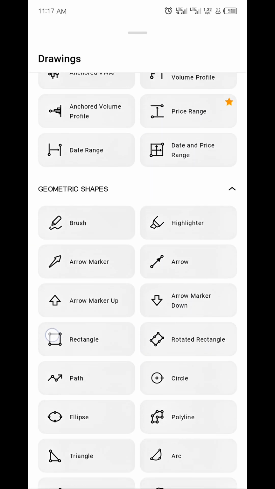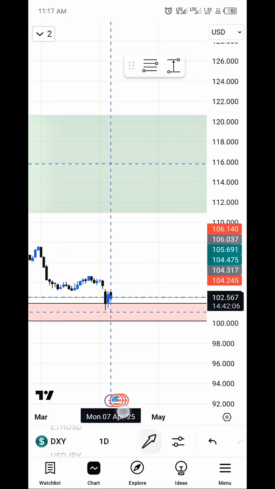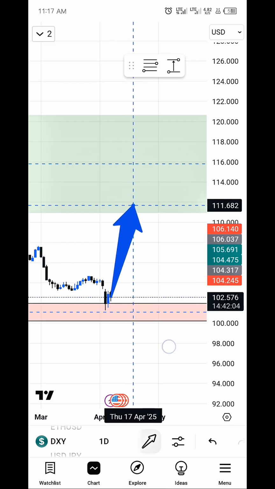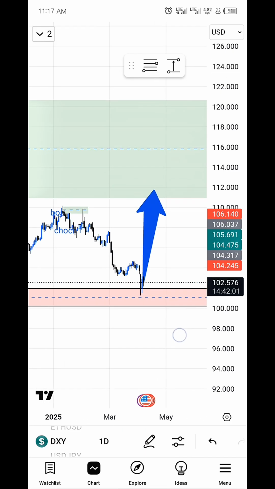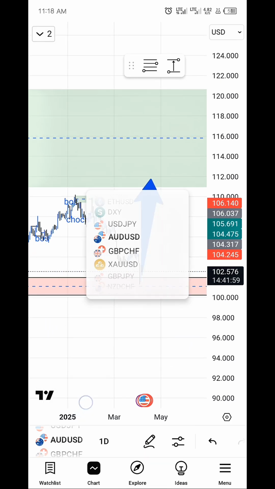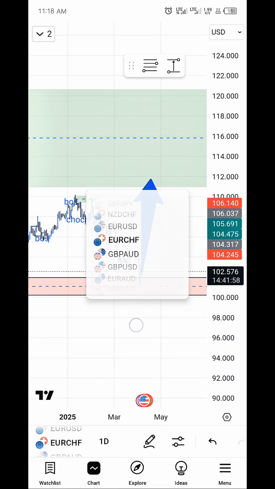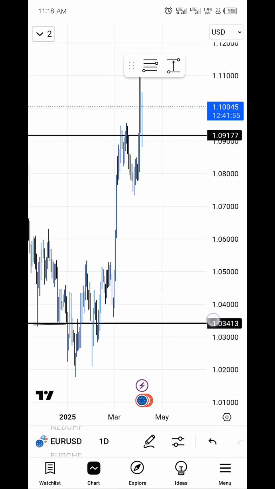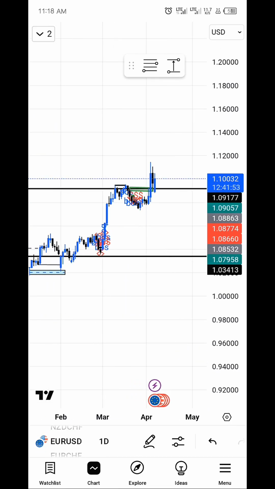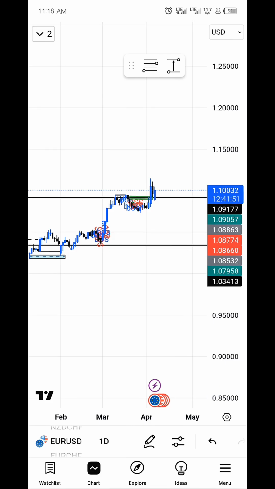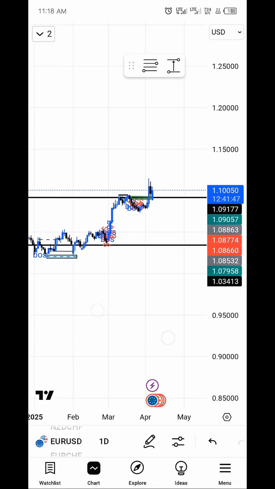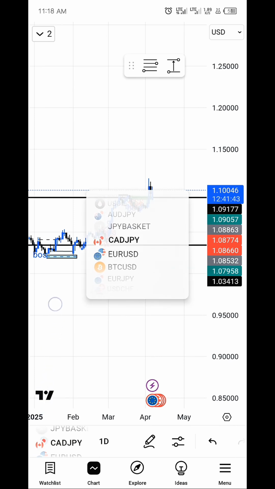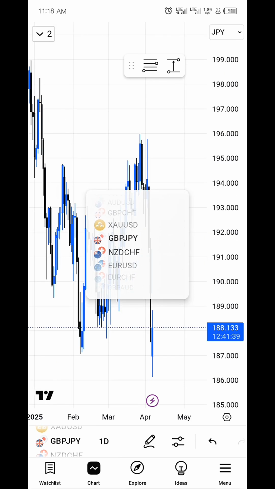So if we're expecting the DXY to buy, then for the Euro USD we shall be expecting that sell to appear right there. This is because remember, we are already in the higher time frame supply zone. Yeah, so that would be my analysis.